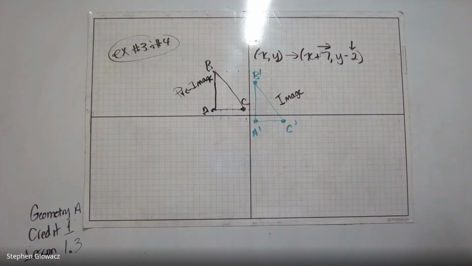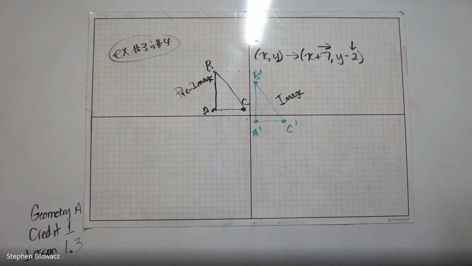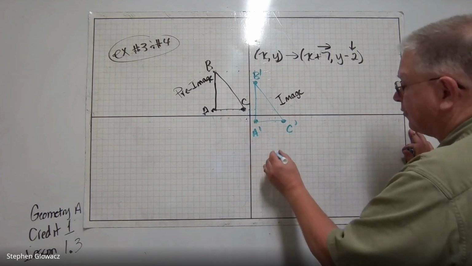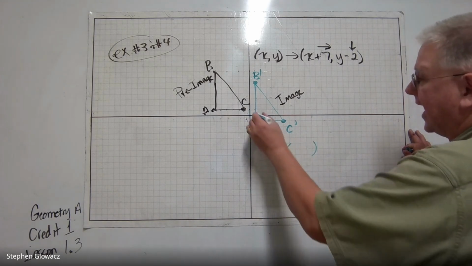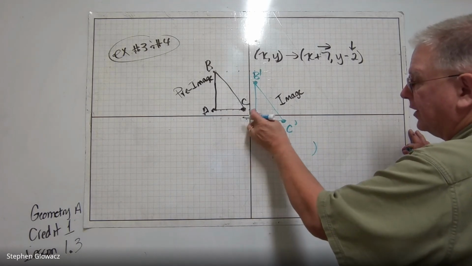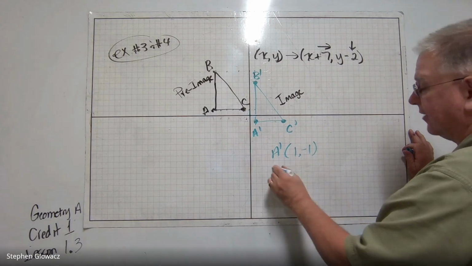All right, so the other thing they're going to ask you is to identify a point on the image once you've translated it. So let's identify all the points here. A prime is 1 to the right, 1 down, so it's at (1, -1).